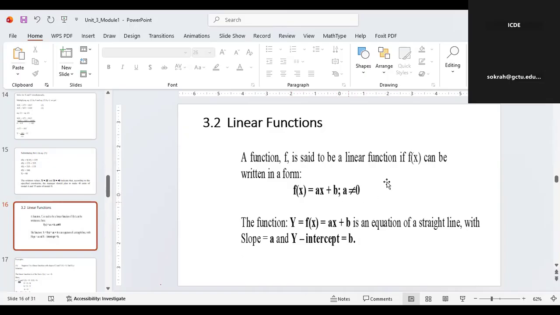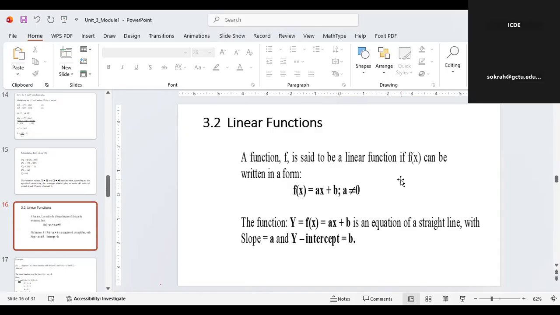Now, if you should draw the graph of this straight line, you see that the coefficient of x becomes the gradient of the straight line. And this b here is the point on the graph at which that straight line will cut the x-axis.